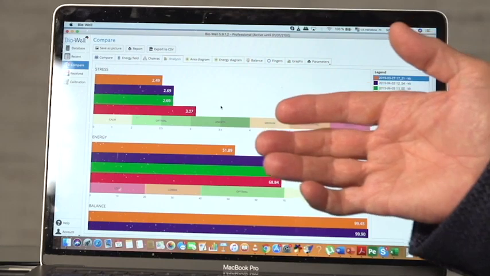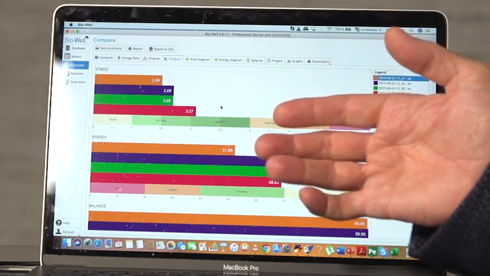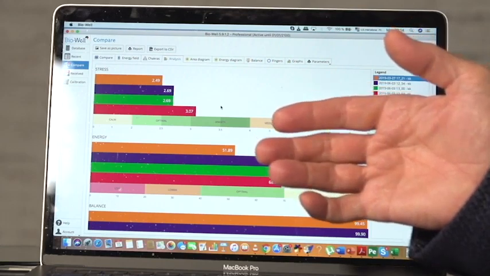Here in this program we can download up to 50 readings and make them comparison. But of course when you have more than 6, it's not convenient to see something on the screen. So typically we make 6, maybe sometimes even 10, not more. And 50 we are using for statistical analysis.